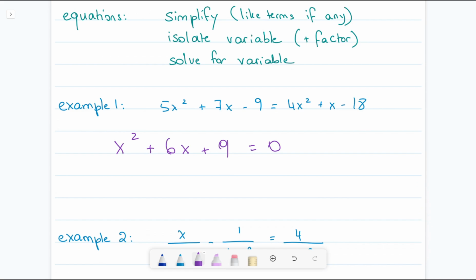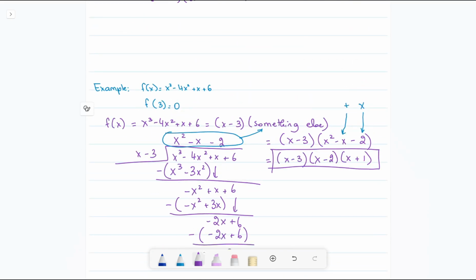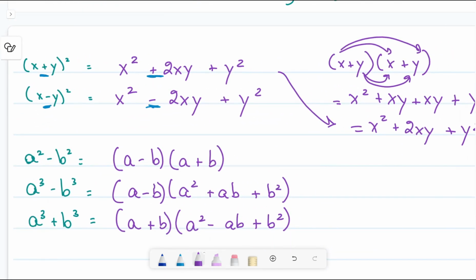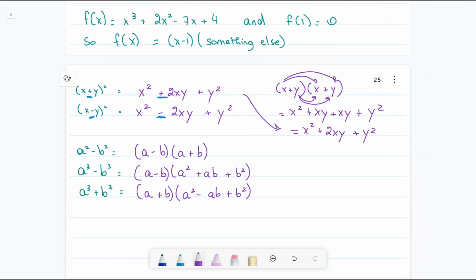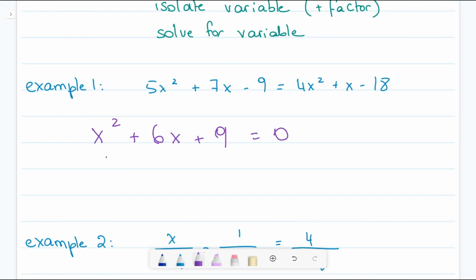Now we have a quadratic. This might look familiar. We learned earlier x plus y all squared is x squared plus 2xy plus y squared. So this is x plus 3 all squared.